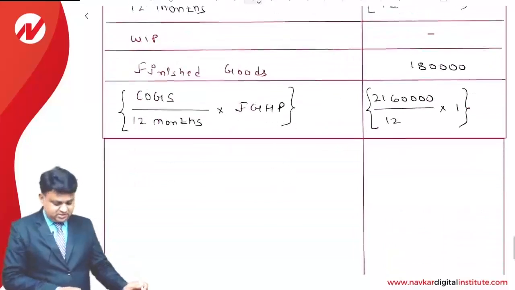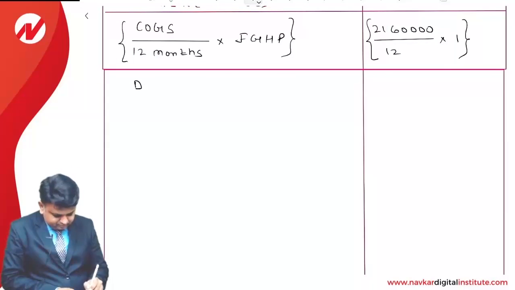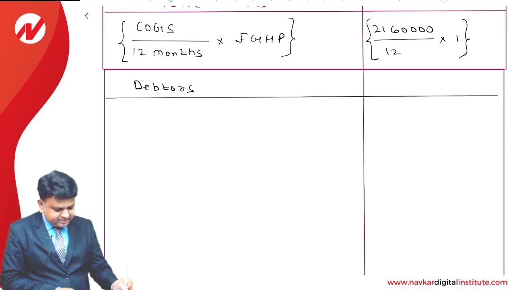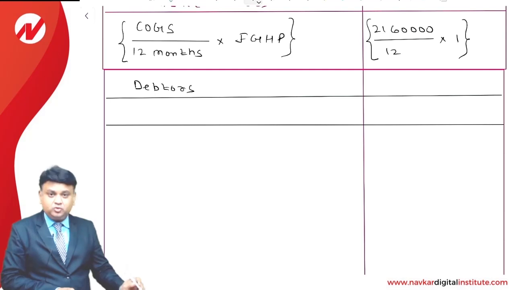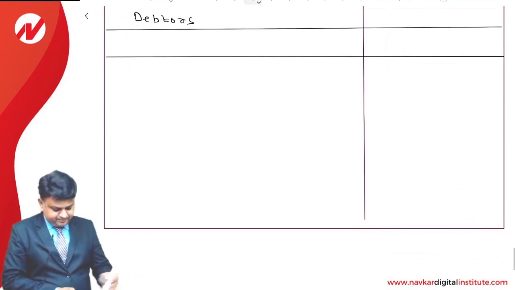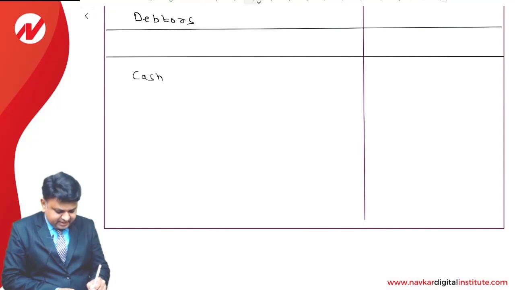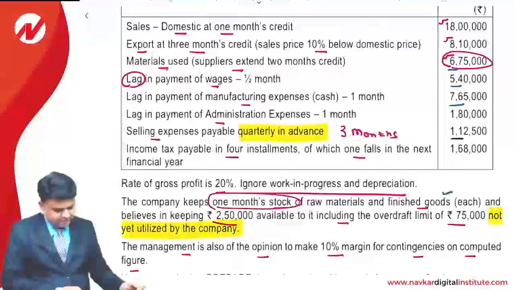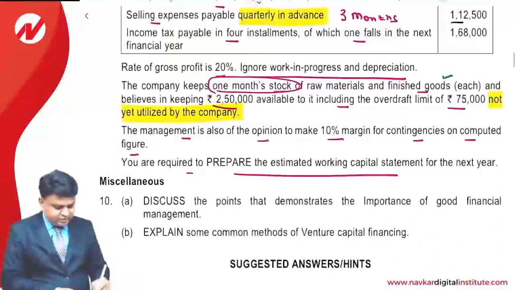Next is the debtors. Dear students, for calculation of the debtors, we have to prepare a separate working note. The reason is that we are having not only the domestic sales but also the export sales. So I keep this pending. Next, cash and bank. We have been provided with the information that we want to keep a cash balance of 2,50,000.